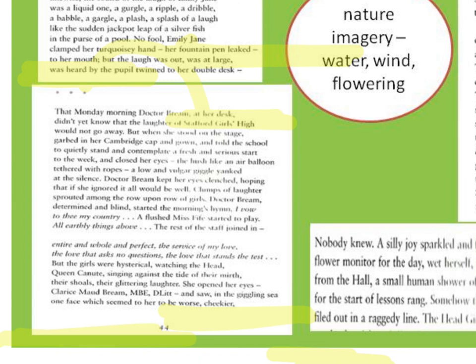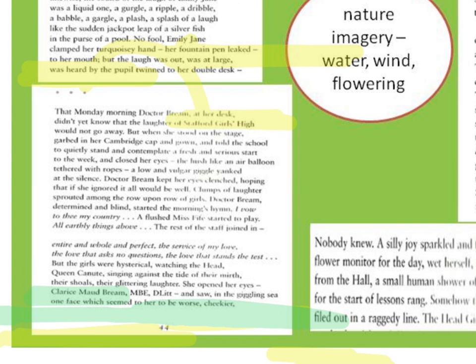The thing I do want to zoom in on in particular here is "but the girls were hysterical, watching the head, Queen Canute, singing against the tide of their mirth." So there's an allusion to the mythological figure of King Canute, who apparently was so convinced of his own regal power that he marched into the sea and tried to command the tide to stop.